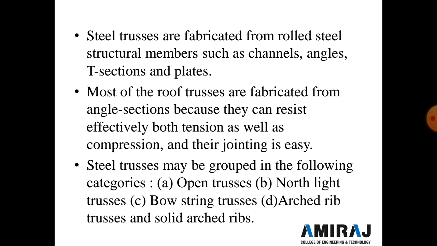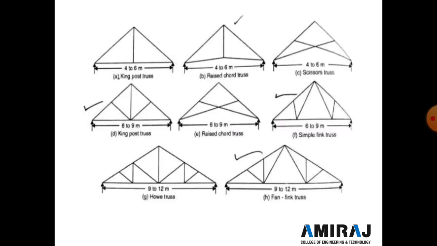Steel trusses may be grouped into categories like open truss, north light truss, bowstring trusses, arch rib truss, and solid arch ribs. Here different figures of trusses are given: the king post truss, second is the cord truss, third is another king post truss, and here the Howe truss, fan fink truss, and simple fink truss.